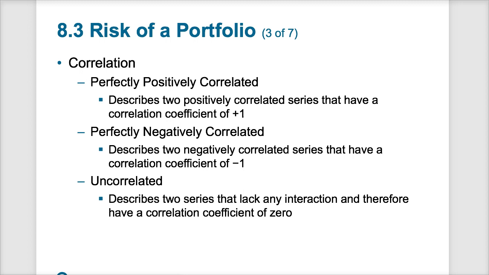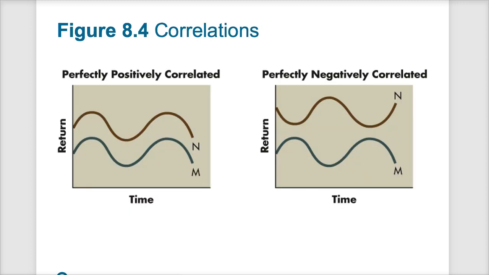And that's shown by -1. Now a 0 would show an unrelated or uncorrelated amount of return between the two assets. So there would be really no predictability in where the return of either asset would be in relationship to each other. Here is graphically how you could look at two assets, M and N. Perfectly positively correlated, they're moving in unison, and negatively correlated, they're moving in opposition.